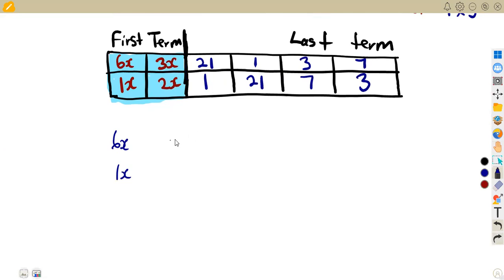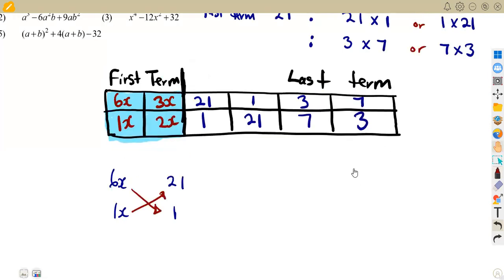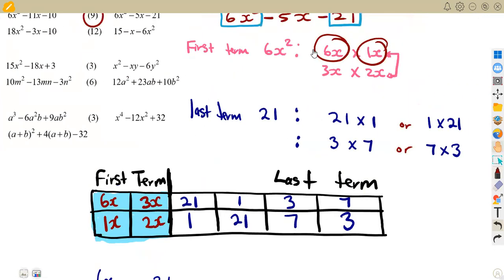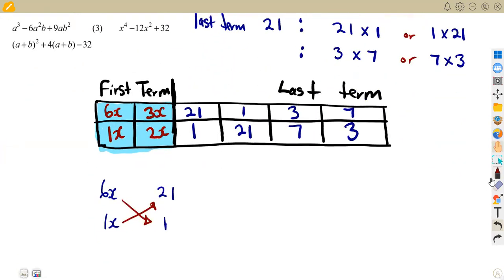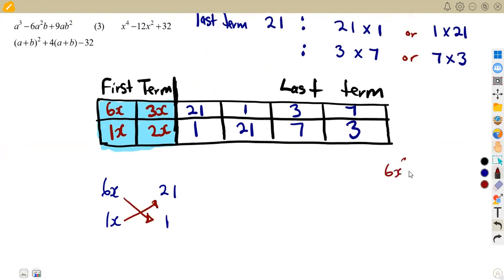21 and 1, like this is going to be 21 and 1. But remember what you're supposed to be considering. You're going to have your diagonal like this, but remember you're supposed to consider your expression 6x squared minus 5x minus 21.